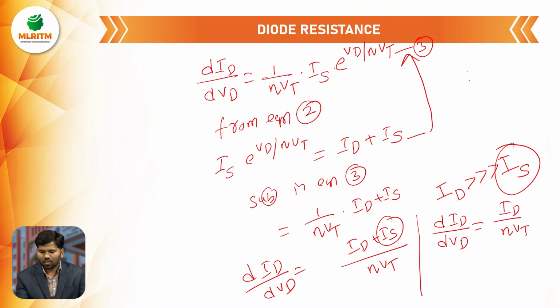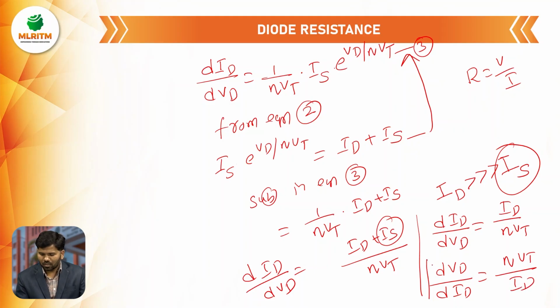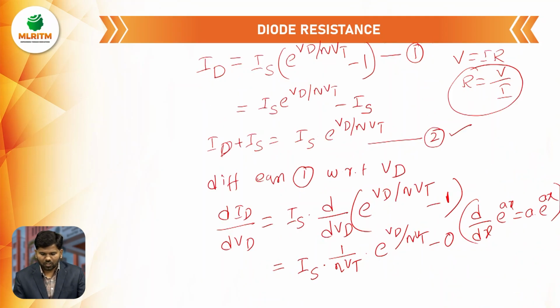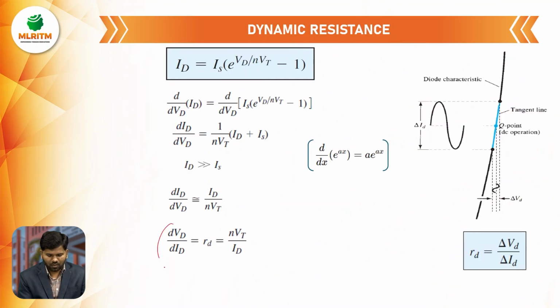But we know that R is equal to V by I, so we can write the above equation like dVD by dID is equal to eta VT by ID. So it is the equation for dynamic or AC resistance, right? So the same thing here, dVD by dID is eta VT by ID, right?